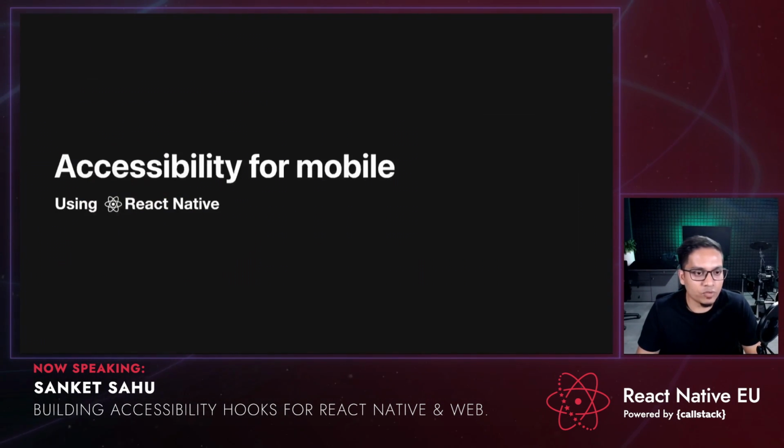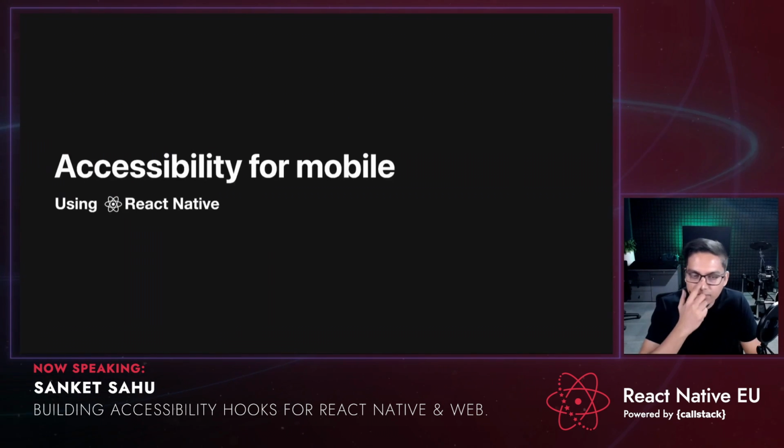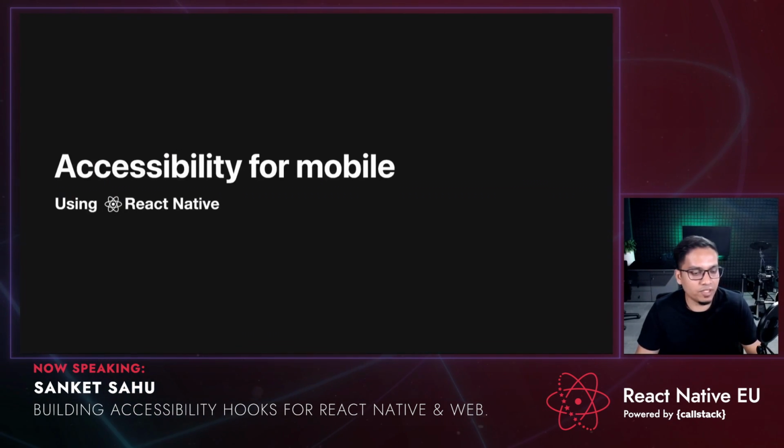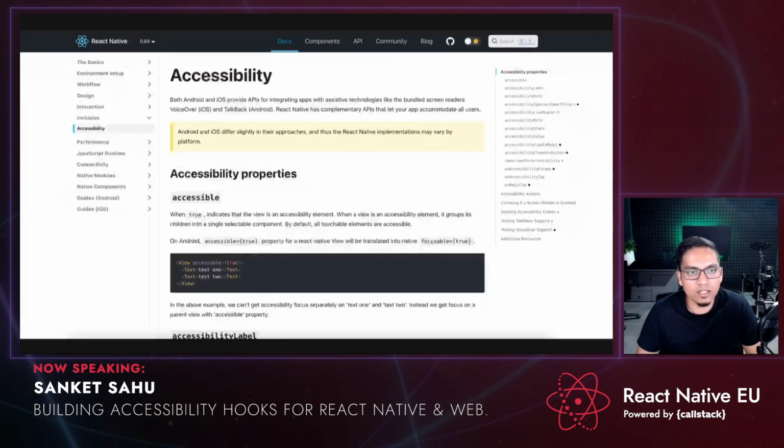Great, let's move on. Let's see accessibility for mobiles, for iOS and Android. And to do that, we'll use React Native. So straight to the documentation, React Native also provides a unified API for iOS and Android to make the apps accessible.